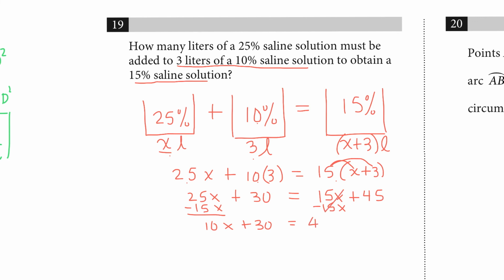I have 45 on the right hand side. So if I subtract 30 on both sides, you're left with 10x is equal to 15. And if you divide by 10, you're going to get 1.5 or 3/2. And so that's the amount of liters that you need to have. So x is 1.5 or 3/2.